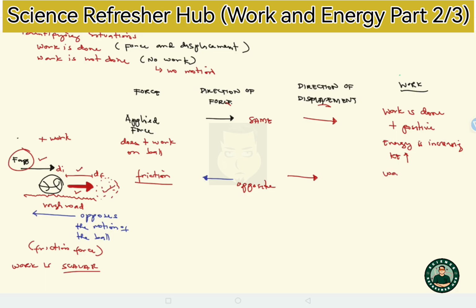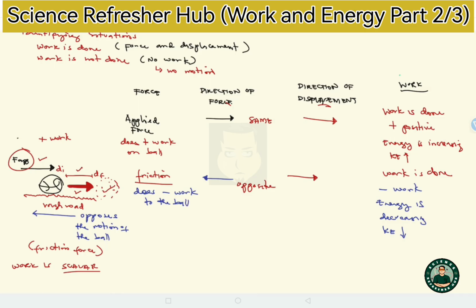So work is still done. Work is there, but it's negative work. And what does it mean? Energy is decreasing. KE of a moving ball on a rough road will slow down. So KE is decreasing. So friction does negative work on the ball.